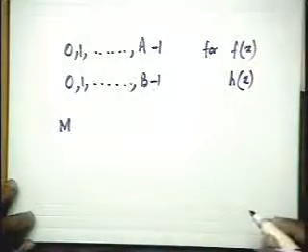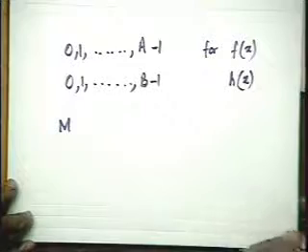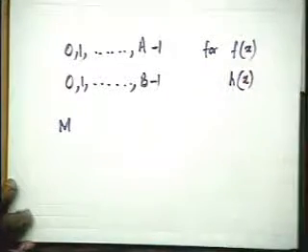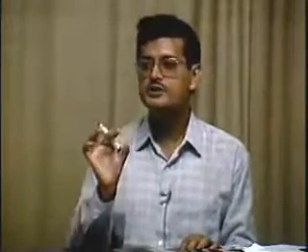Let us say that period is equal to capital M, and we are going to have both f of x and h of x as periodic functions having capital M number of samples, so that there is no overlap in the period of f of x and h of x.